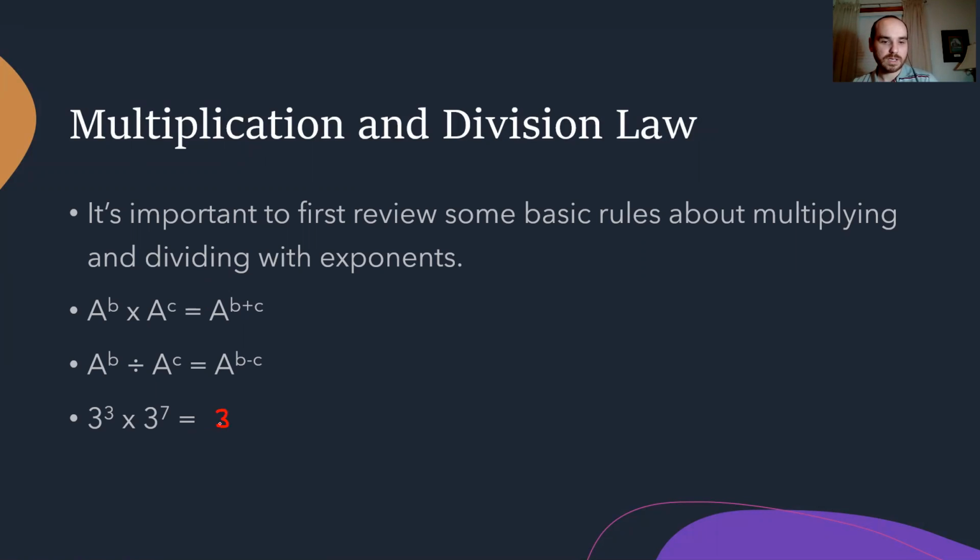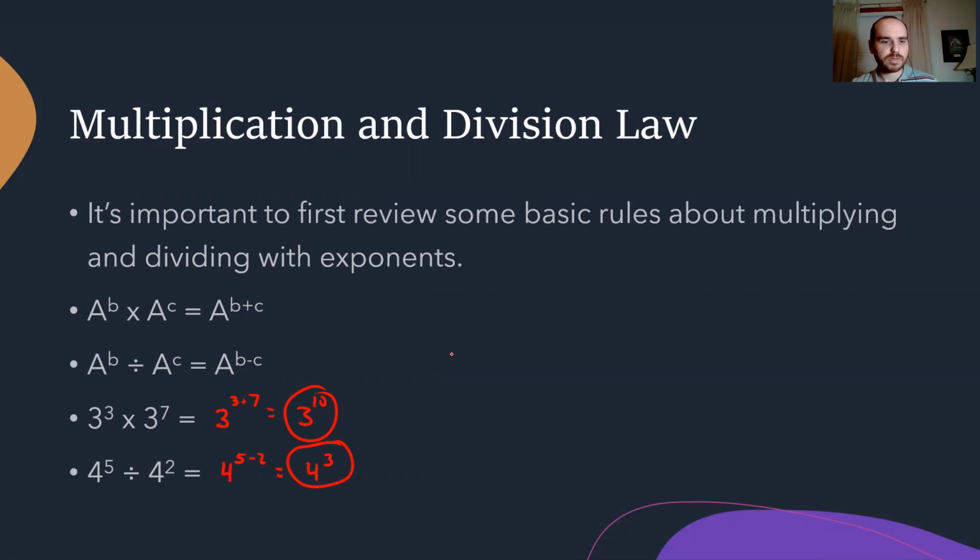This is equal to 3 to the 3 plus 7, which is equal to 3 to the 10th. And again, you should be able to solve it from there if needed. I would plug it into a calculator because doing that is not fun. 4 to the 5th divided by 4 to the 2. That is 4 to the 5 minus 2, which is equal to 4 to the 3rd. That one's actually easy. That's 64. So cool. Hopefully those make sense.